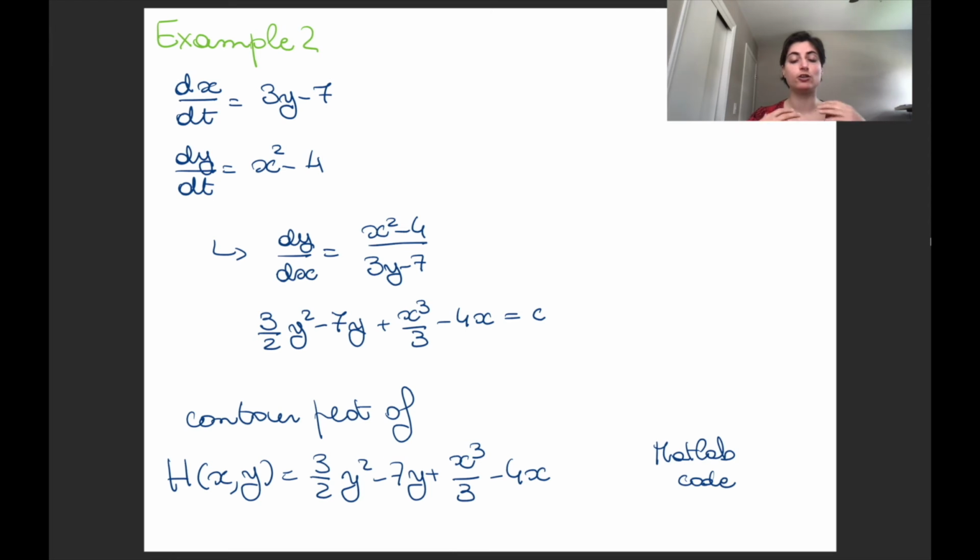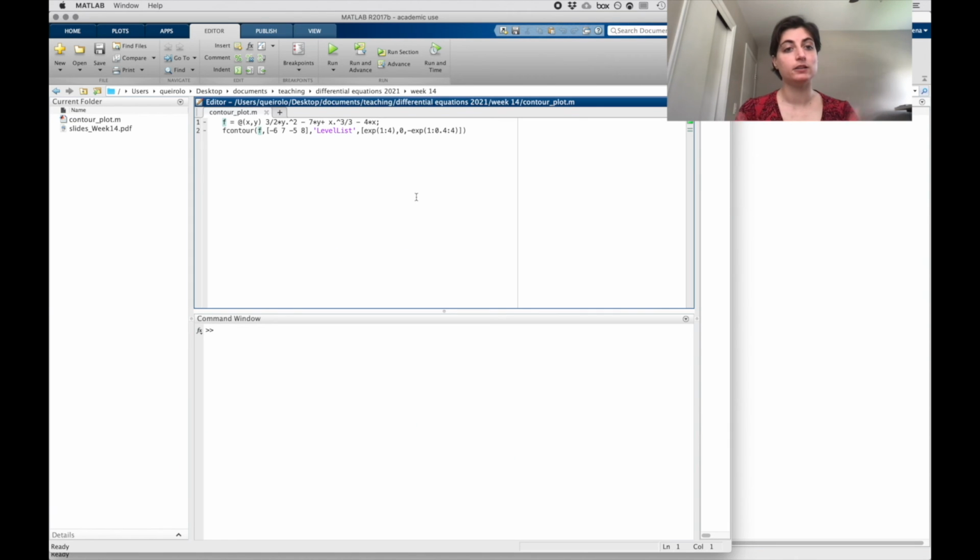So we want to draw the contour plot of this h. And by hand, that is close to impossible. So I have written a very simple MATLAB code that uses the contour plot functionality of MATLAB to do exactly that. This is a very brief code, as you can see, only 2 lines long.